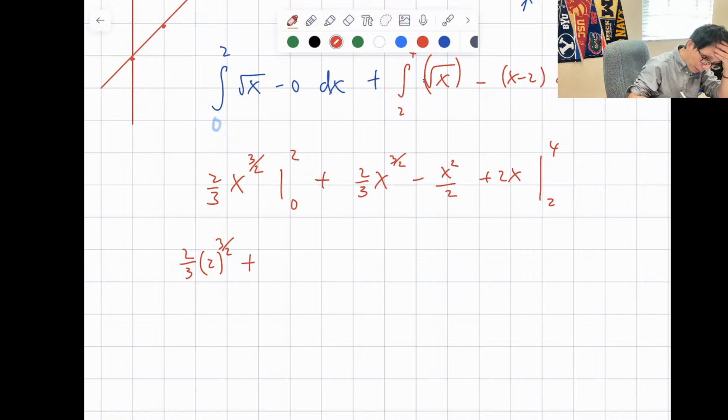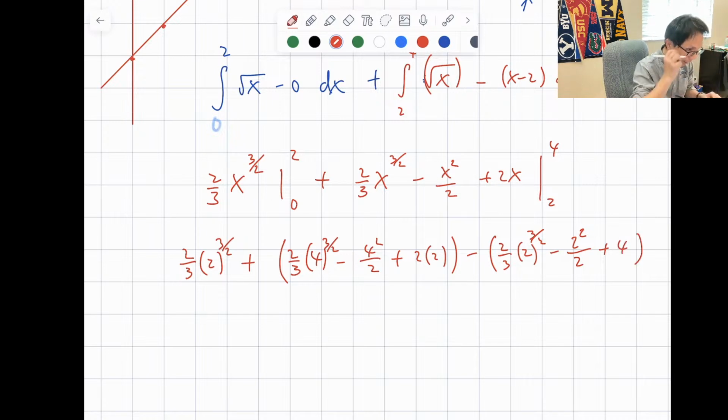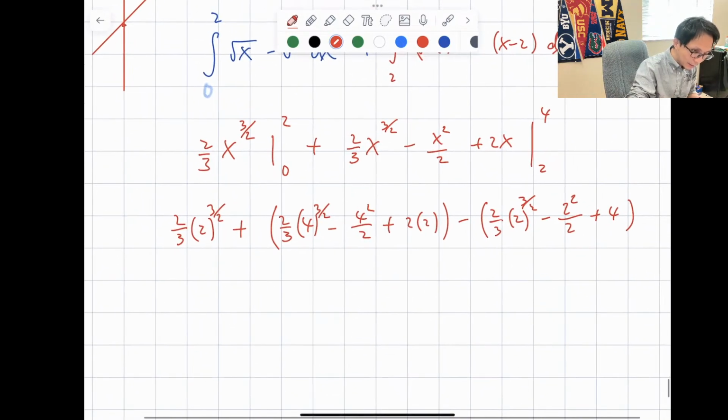I'm going to plug in 4, so that's going to be 2/3 times 4 to the 3/2 minus 4 squared over 2 plus 2 times 4. And minus 2/3 times 2 to the 3/2 minus 2 squared over 2 plus 2 times 2, which is 4. Is that okay?